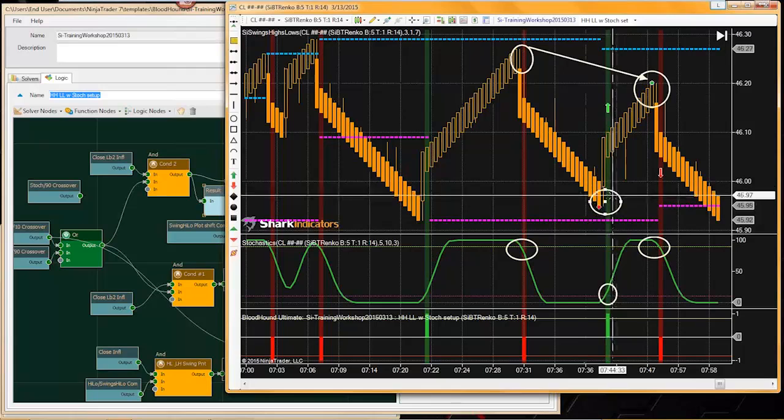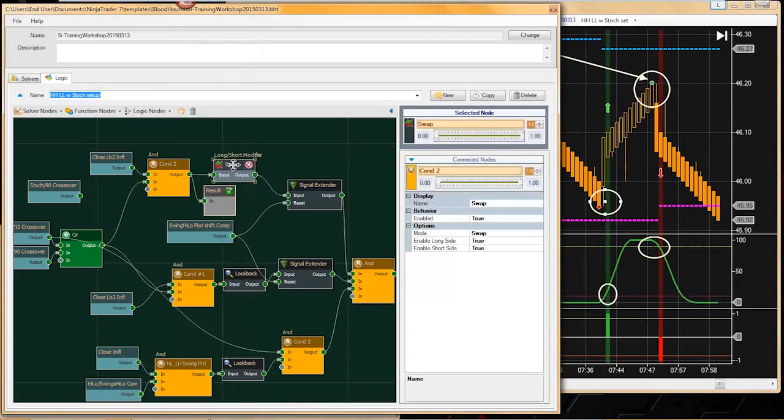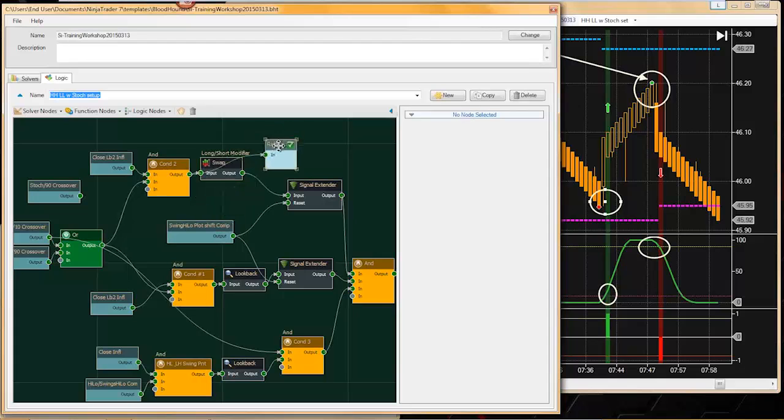So we need this condition 2 to be a short output, and that's what we had this long short modifier node here to swap the outputs. So let's actually take a look at that.